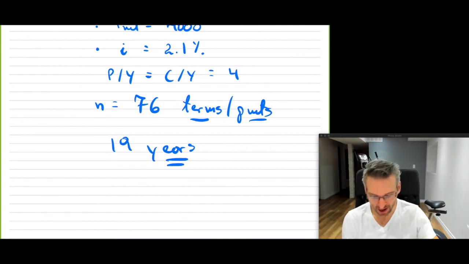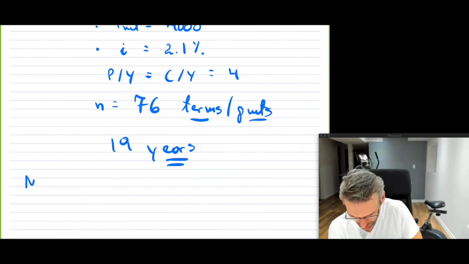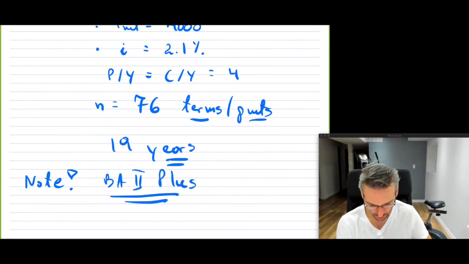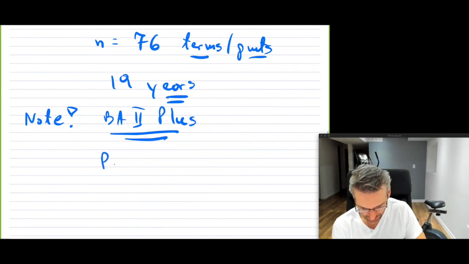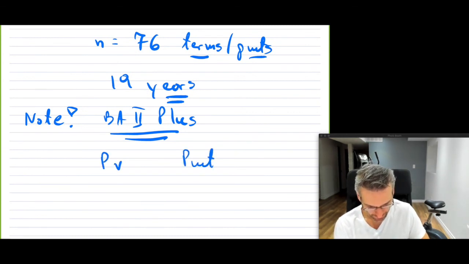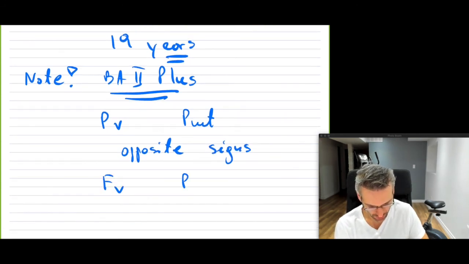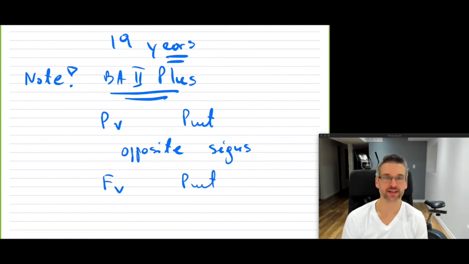So note, if you use the BA II Plus business calculator, make sure you know that if you're entering present value and payments, they have to have opposite signs. And the same thing if you're entering future value and payments.